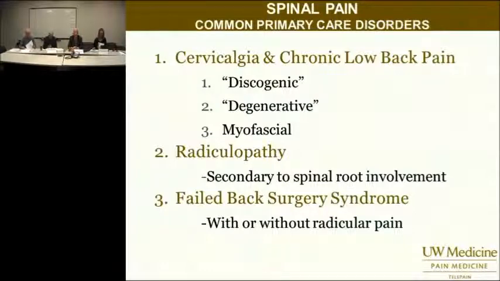The second category is radiculopathy, which again is generated by the spine. So this is direct impingement on a nerve root, either from the neck or low back, that's producing radicular pain. And that'll be our case later today, will be a radicular pain component. And then failed back surgery syndrome, which represents patients who've had spine surgery.